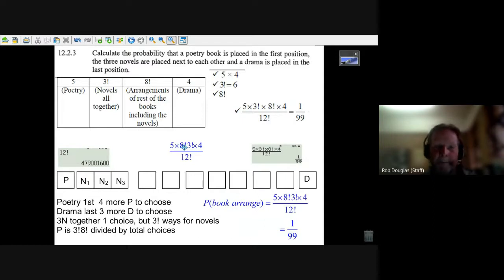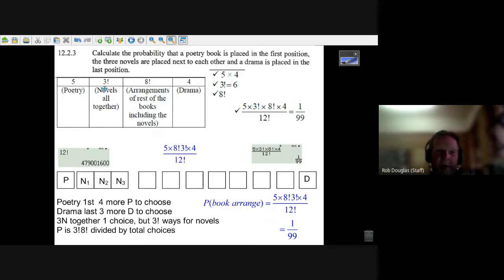Okay. Now, the last question's a little tricky, but I'm going to go through it. I like the way it's laid out in the memo. I did it a little bit differently, but anyways, calculate the probability that a poetry book is placed in the first position, that the three novels are all placed together, and that a drama book is placed in the last position. Okay. Well, let's think about this.